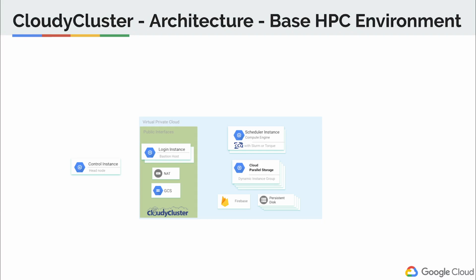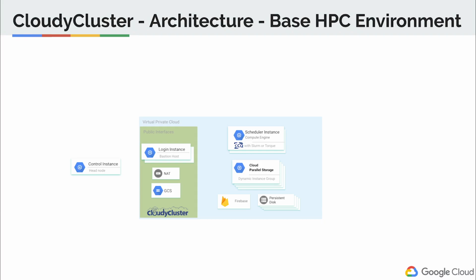Now that you have your control instance in your web UI, you can proceed and create the HPC environment. The HPC environment consists of a virtual private cloud or a private network, a login instance just like traditional HPC systems, a NAT instance that allows external communications, a GCS bucket for access while processing data, a scheduler instance which can be Slurm or Torque.